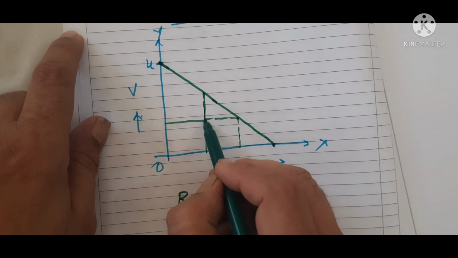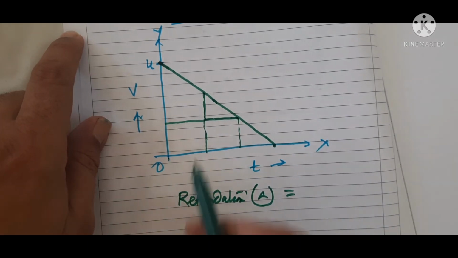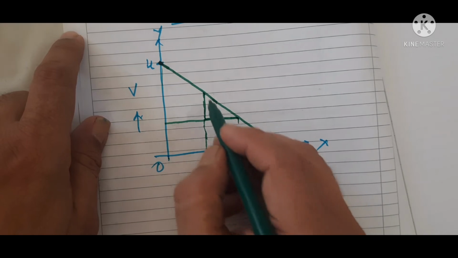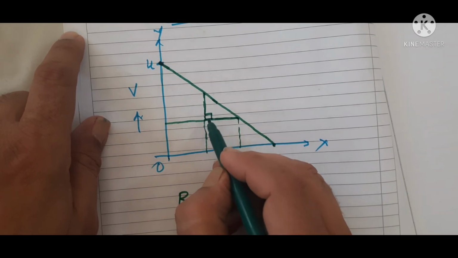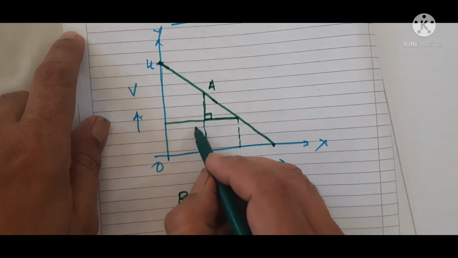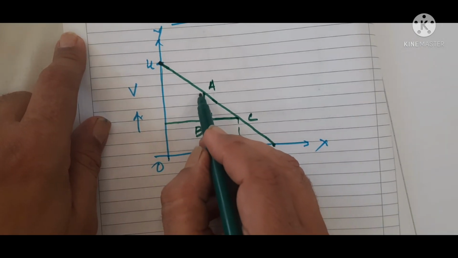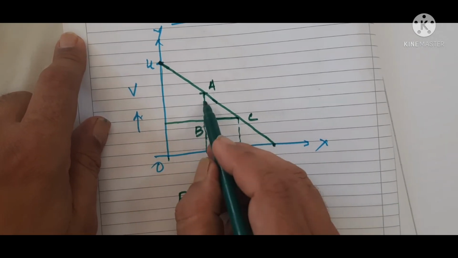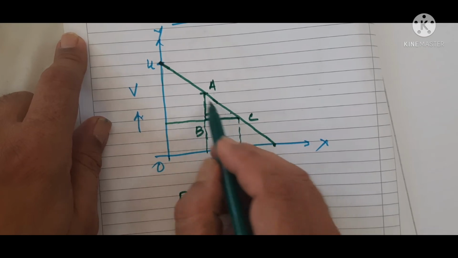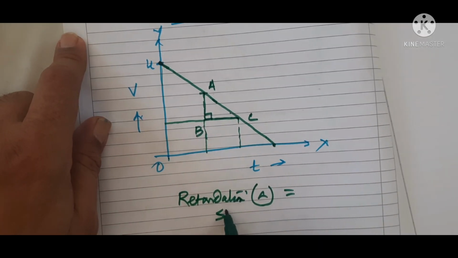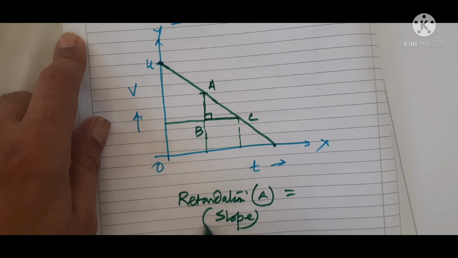So you have chosen this particular right angle triangle. You can use the whole bigger triangle also. I have chosen this small right angle triangle ABC. So that should be your slope. We are going to find out the slope निकालना होगा.